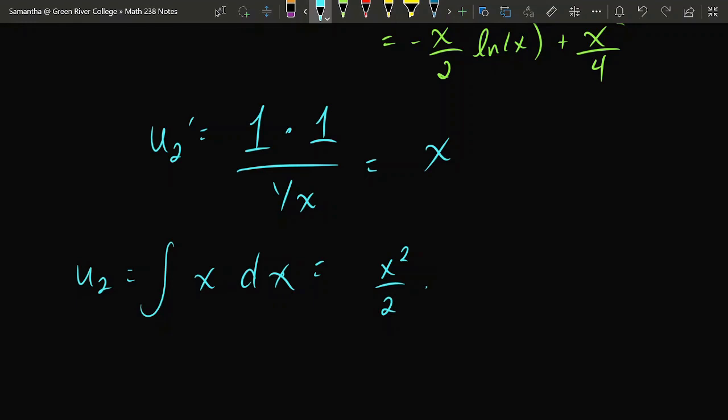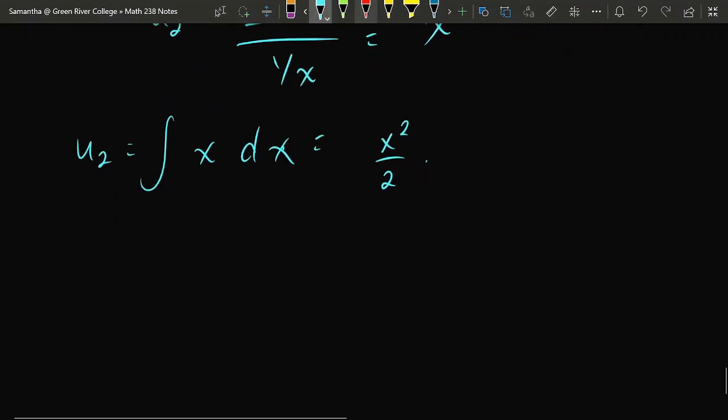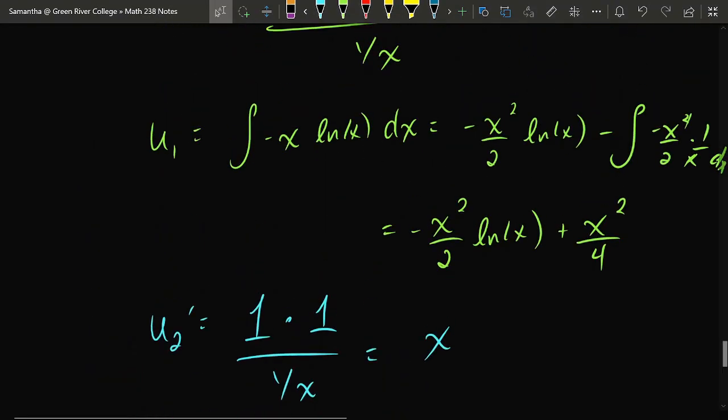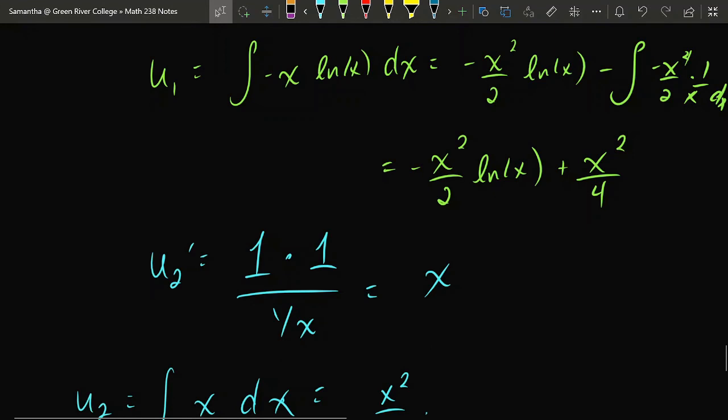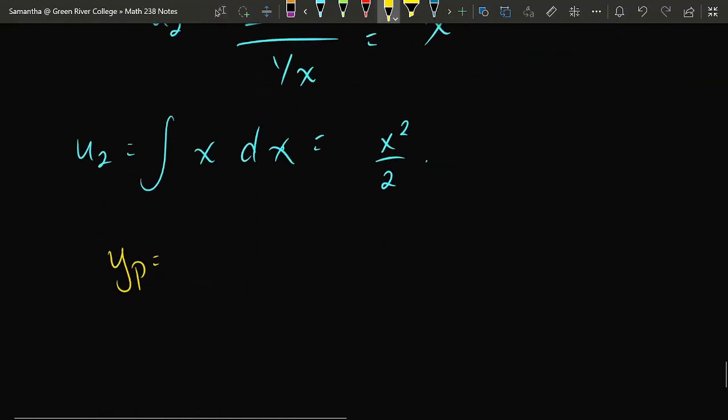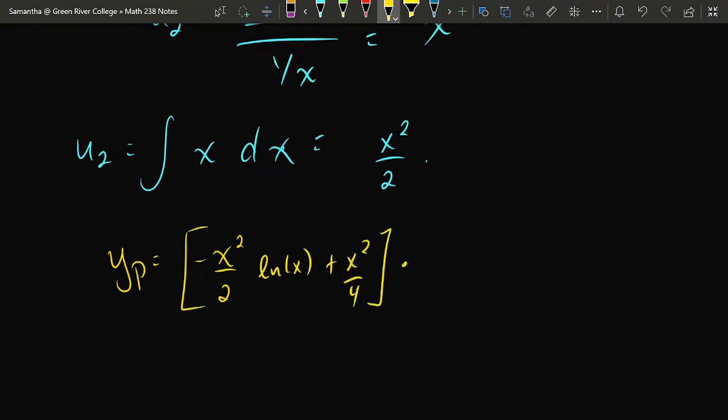From this, we can assemble our particular solution. The u1 that we found, negative x squared over 2 natural log of x plus x squared over 4, multiplied by our first complementary solution, just 1.